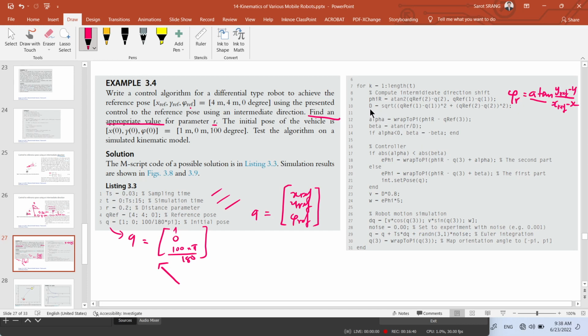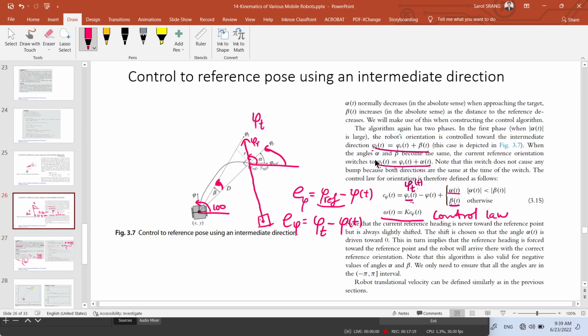And then we can compute the distance d from the instantaneous location to the goal. Alpha is computed as phi r minus phi reference. Here, phi r minus phi reference, and we can check alpha.